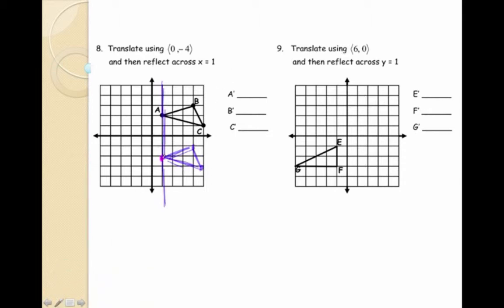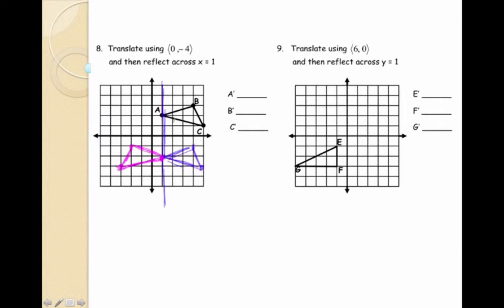This one's on the line, so it stays. 1, 2, 3, 1, 2, 3, 1, 2, 3, 4, 1, 2, 3, 4. And that's that.